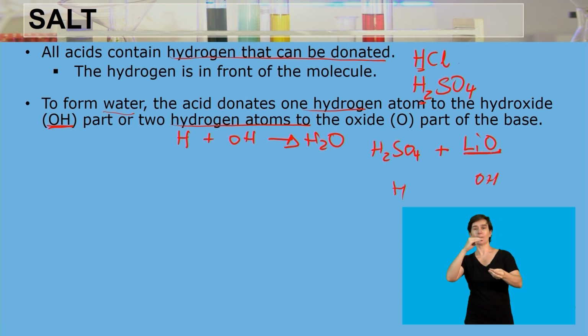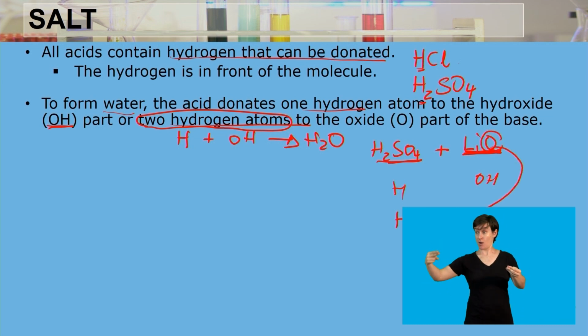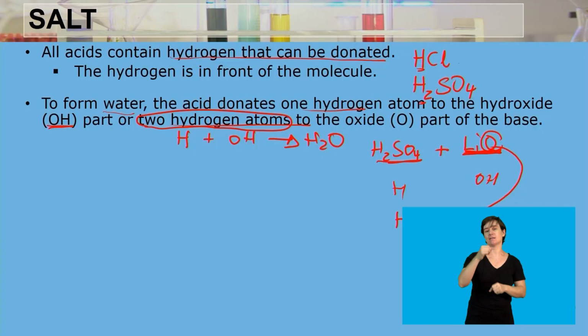So that means the acid needs to donate the two hydrogen atoms. Therefore, the H2 will be donated, and the O will then be donated to the H2, and that's how we get our H2O.